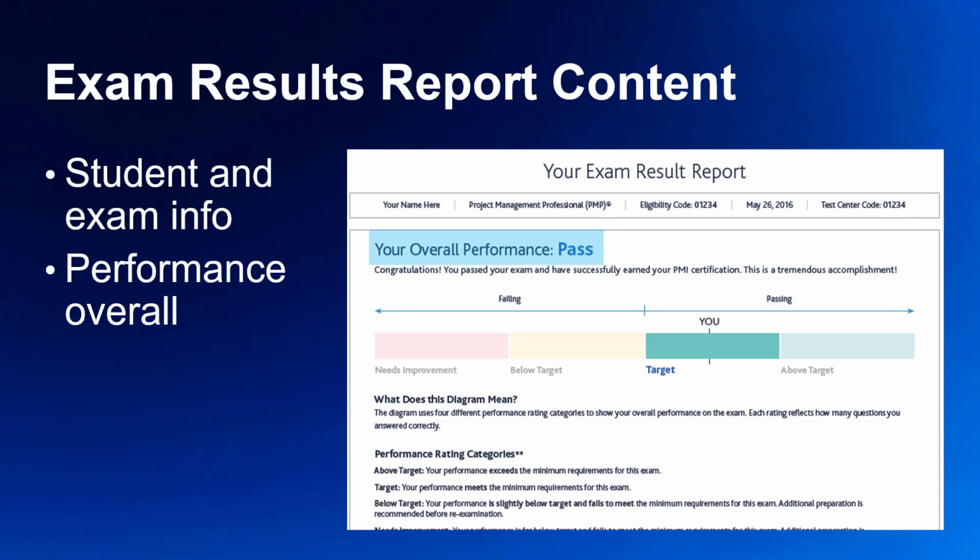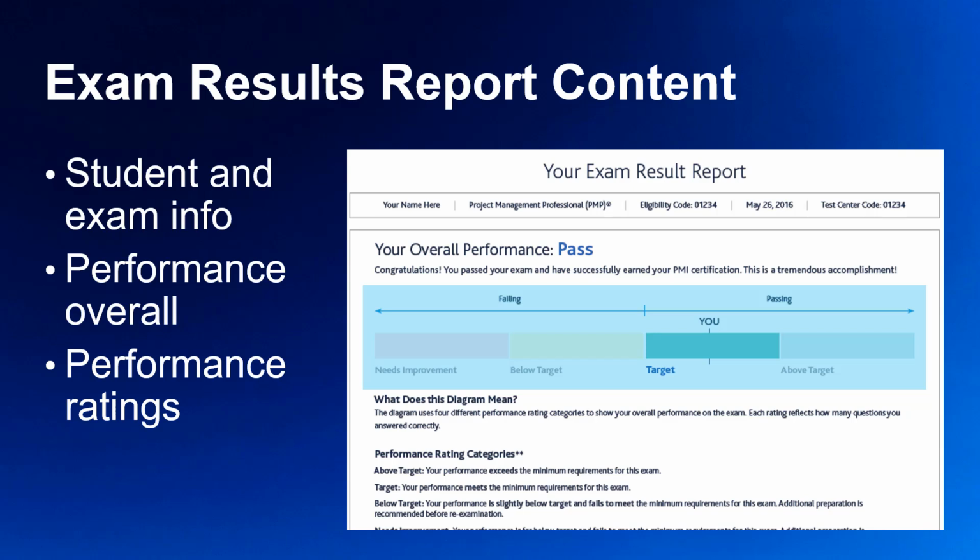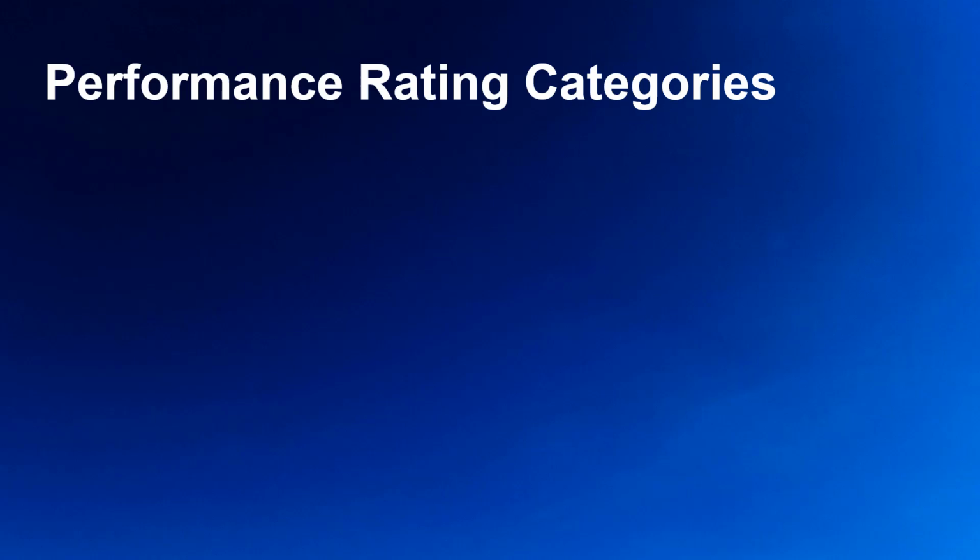And below that again, we can see where this student falls in regards to those 4 performance rating categories. This tells you where you landed on the scale, and you need to know what each of these 4 ratings means. So, the exam results report rates your performance based on one of these 4 performance rating categories.